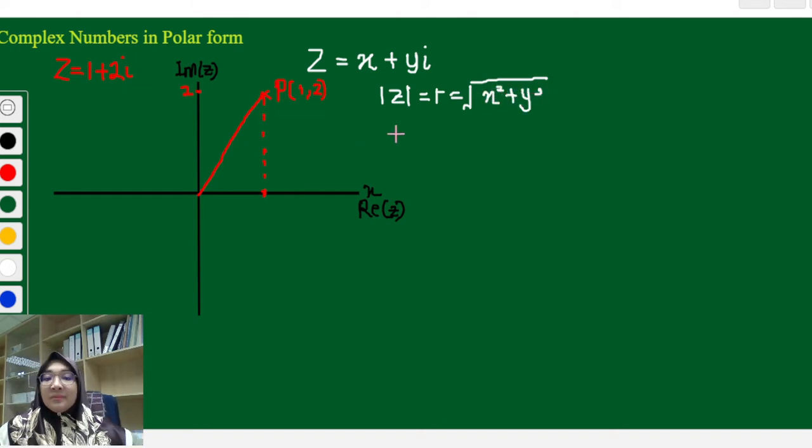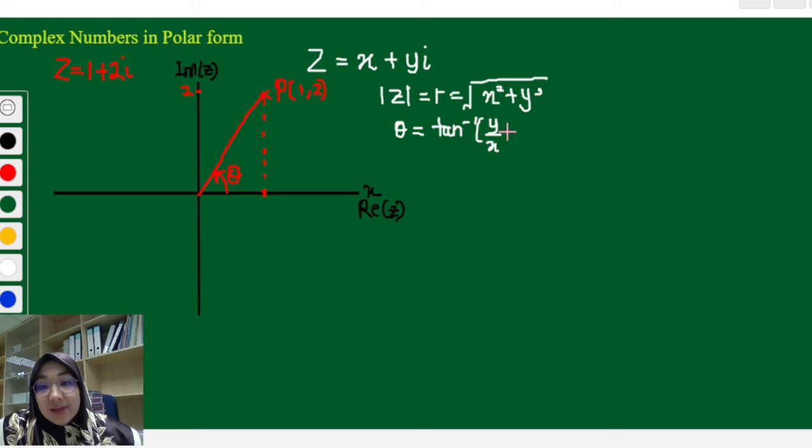Okay. And then apa lagi yang utama, you kena tahu how to find the theta. So kalau on a polar coordinate, you kena tahulah how to find theta, the argument of complex number. So the argument of complex number is given by inverse tangent y over x.